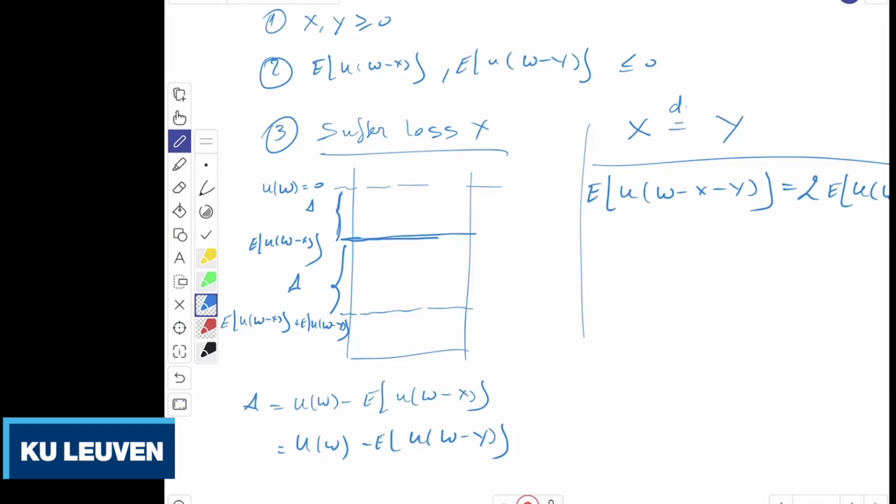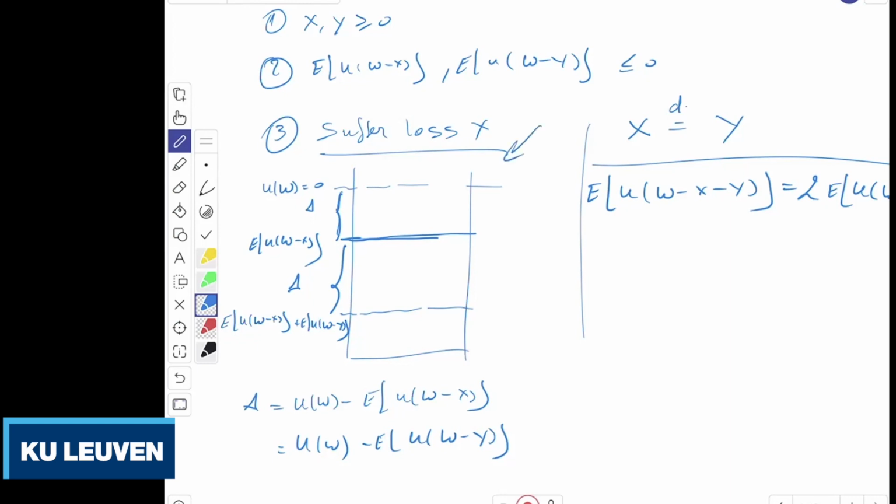Then I'm adding the loss Y. And if I assume that my decrease in utility in these two times is delta, my drop in utility will be 2 times delta.